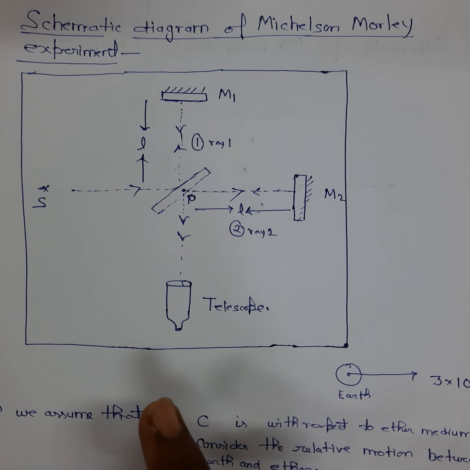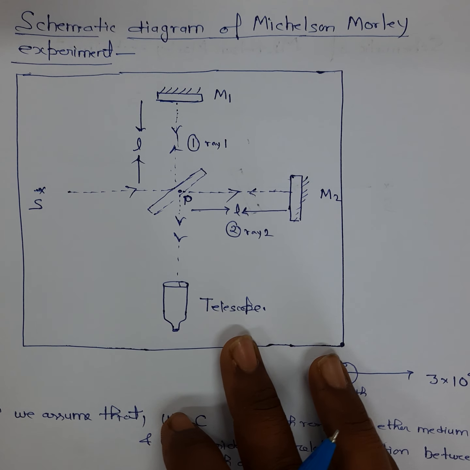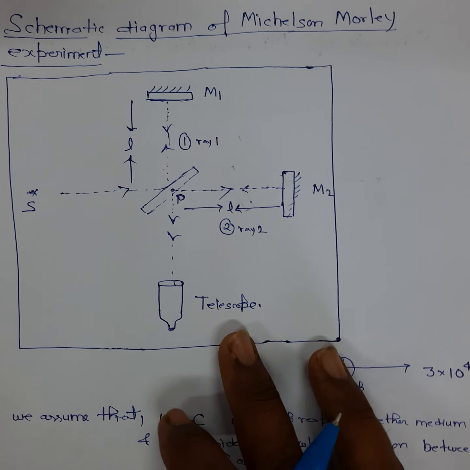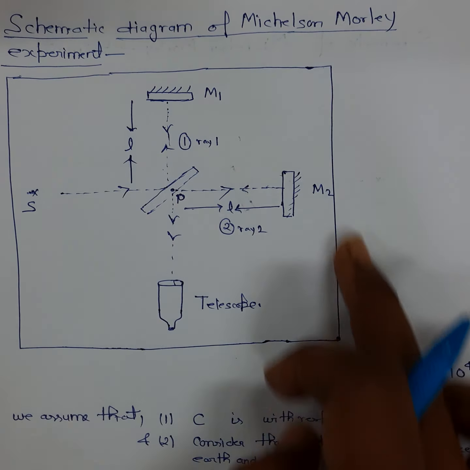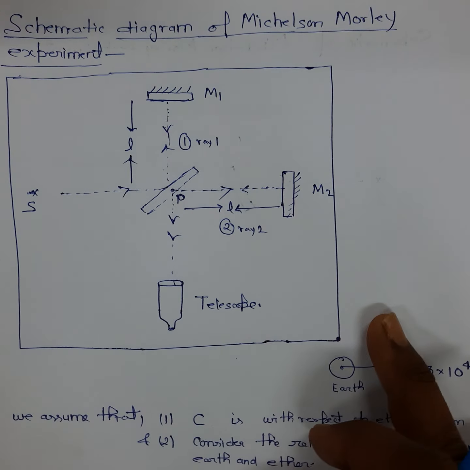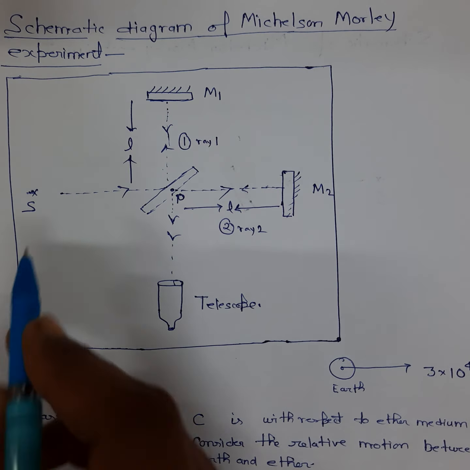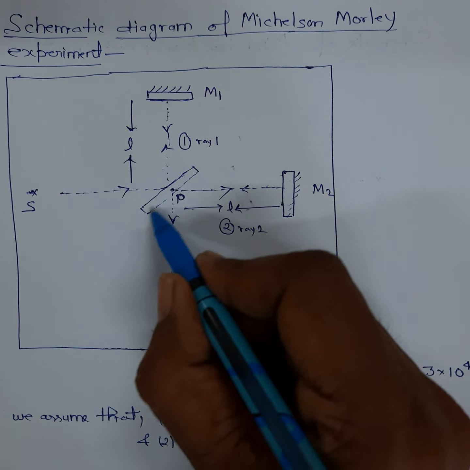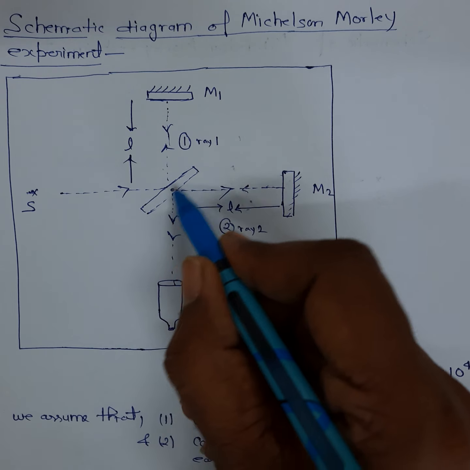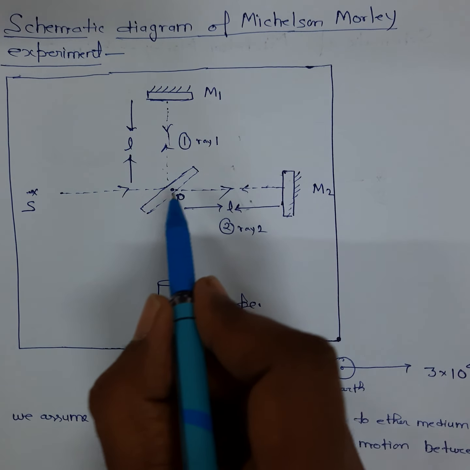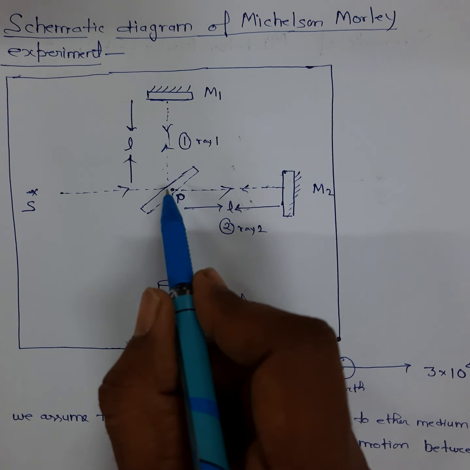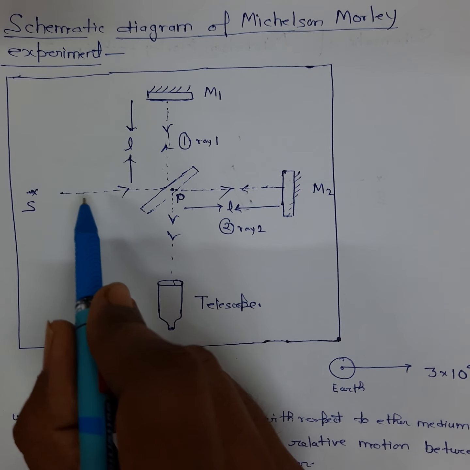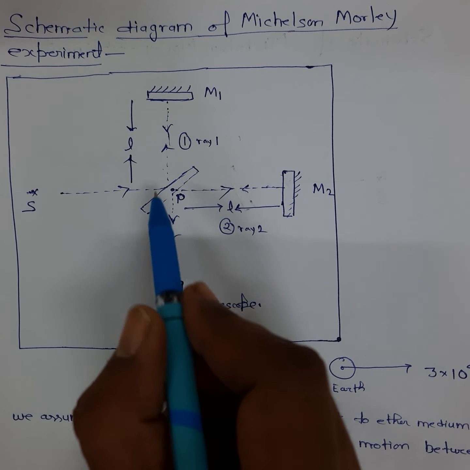So let's first discuss the schematic diagram of the Michelson-Morley experiment. So this is the schematic diagram of the Michelson-Morley experiment. This is the beam splitter, a semi-silvered mirror. The purpose of this beam splitter is to divide the incoming beam into two parts.